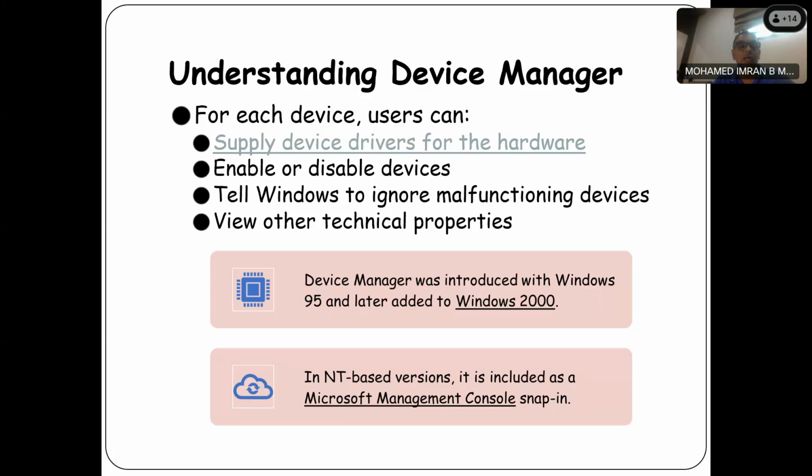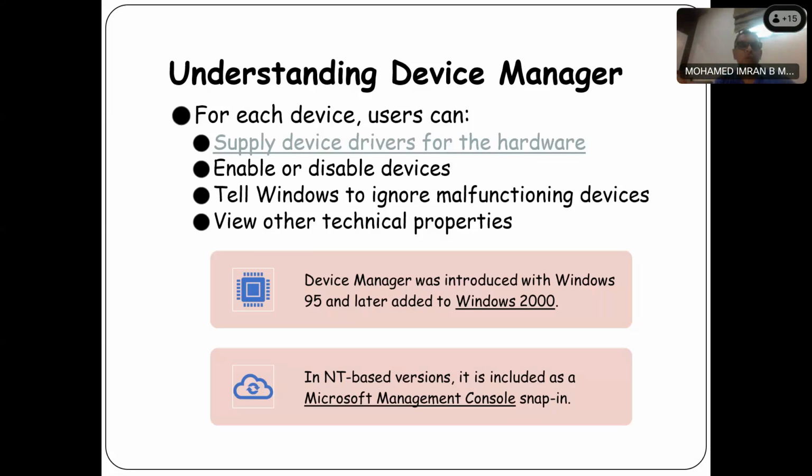However, since we have been using Windows most of our lives, it's much easier for me to explain to you about device driver using the Windows operating system. Okay, so basically Device Manager was introduced in Windows 95 and later was added on with more functions in Windows 2000 until now Windows 11. So we have a much more stable device manager.